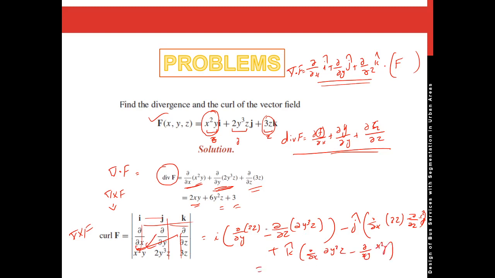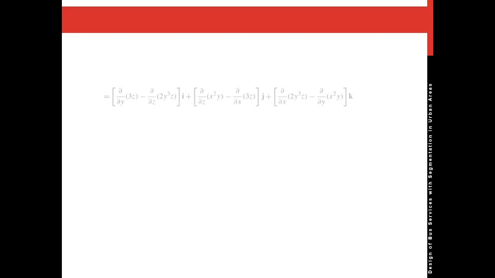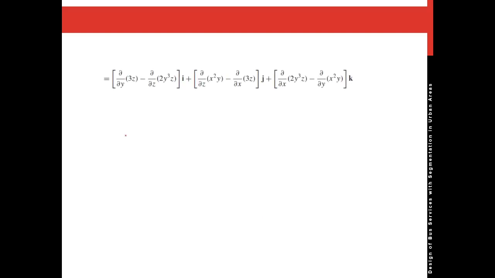So if we differentiate this, we will get the derivatives. The first becomes 0 because z is a constant when differentiating with respect to y, and the second term is 6y²z when differentiating 2y³z with respect to z.